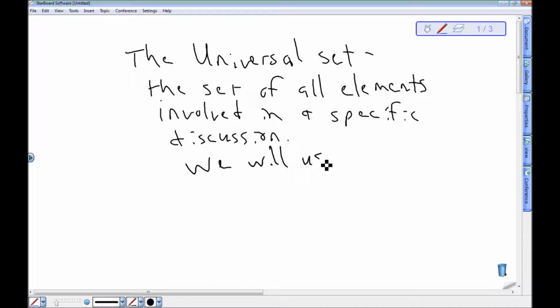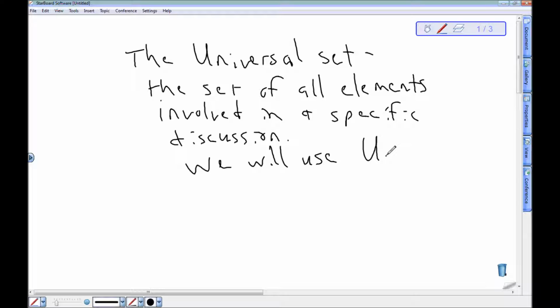We will use capital U usually to represent this set. So if you see capital U from now on, it's probably representing the universal set. And this is just so that when I'm, for example, solving an equation and I'm talking about the solution set, so all the different solutions to the equation, I don't have to wonder, well, are elephants in this set?